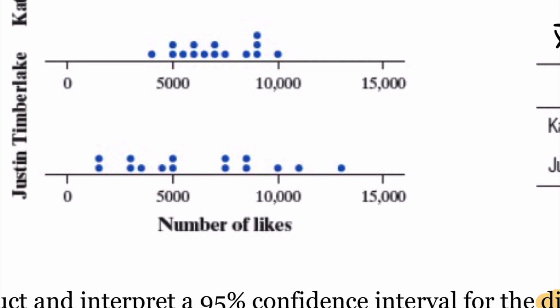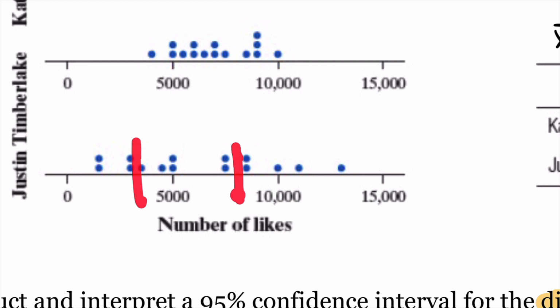So wherever the middle 50% of the data is. If there's 15, the middle 50% would be around 7. So the middle 7: 1, 2, 3, 4, 5, 6, 7. Probably shifted this way a little bit. Probably somewhere around here would be the middle 50%.